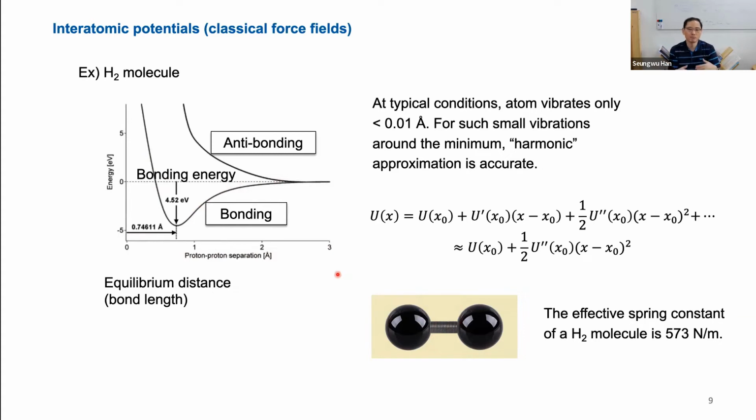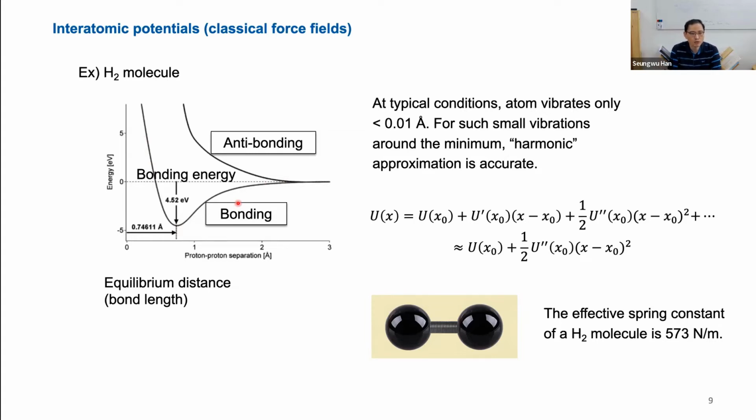You can say that this is experimentally verified, or you can say that this can be computed using quantum mechanics, which I will discuss later. Anyway, this is a reference for the interaction, which we actually do not know much about before we measure or calculate it quantum mechanically.